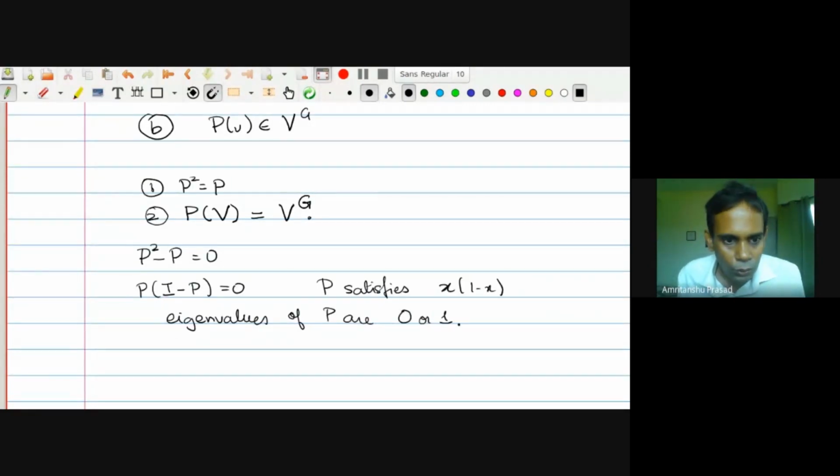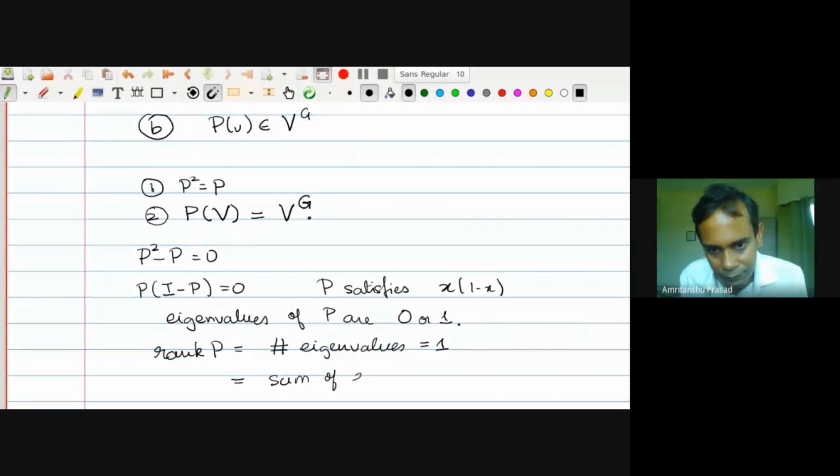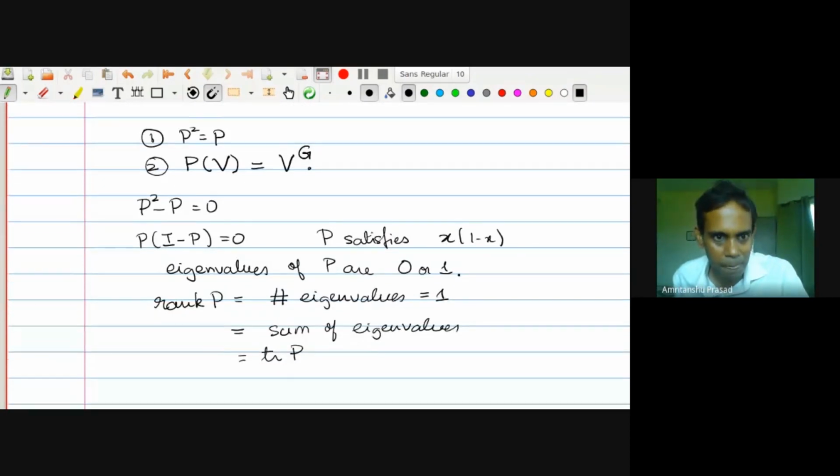And so the rank of P is the number of eigenvalues equal to 1, which is the same as the sum of the eigenvalues, because each of them is equal to 1. But that's the trace of P. Okay, so for an idempotent matrix, rank is equal to trace.